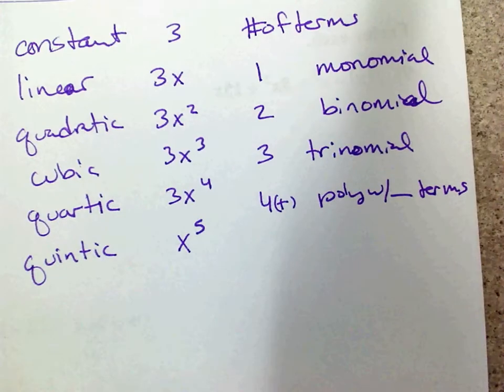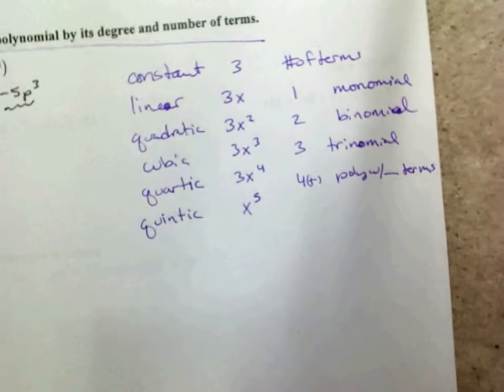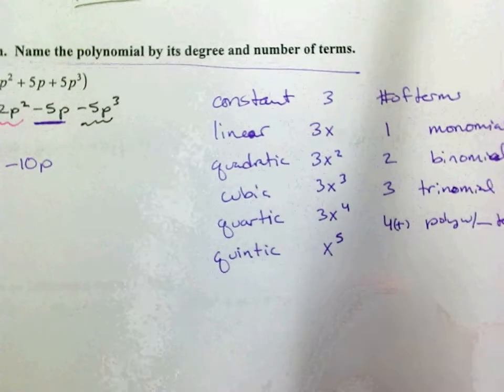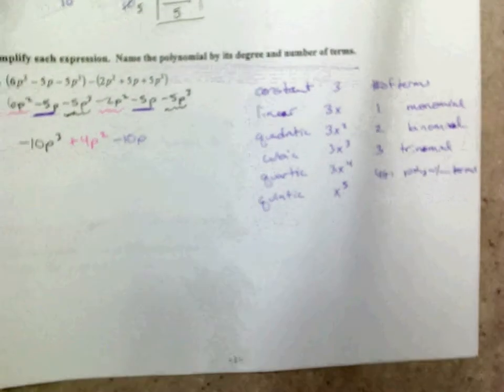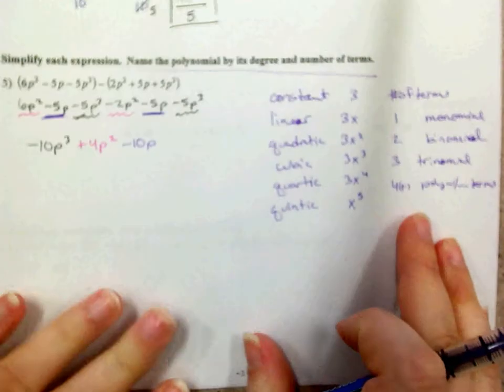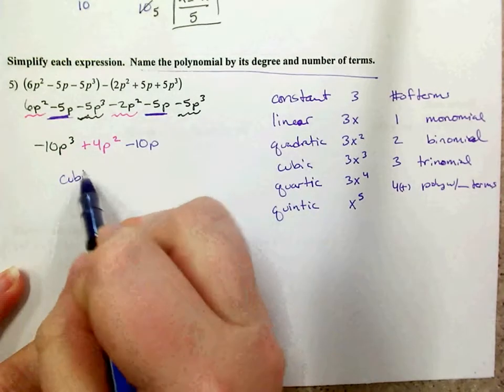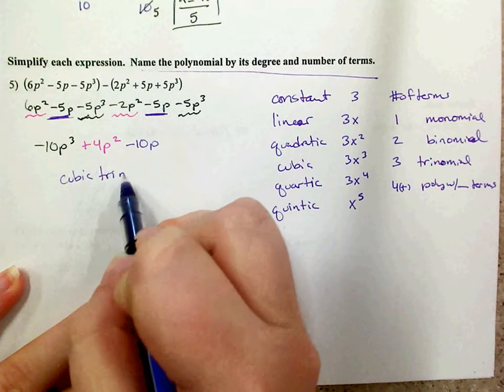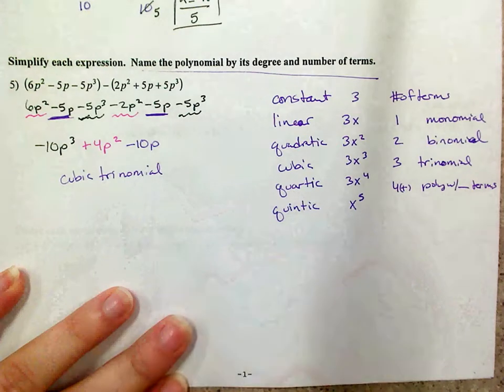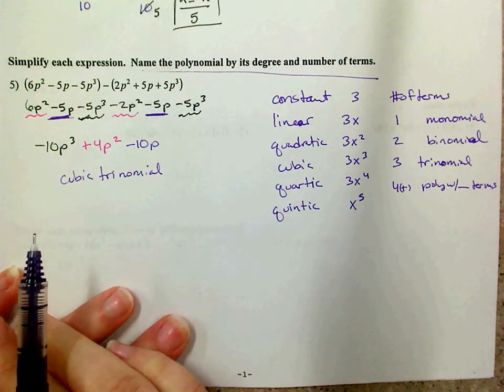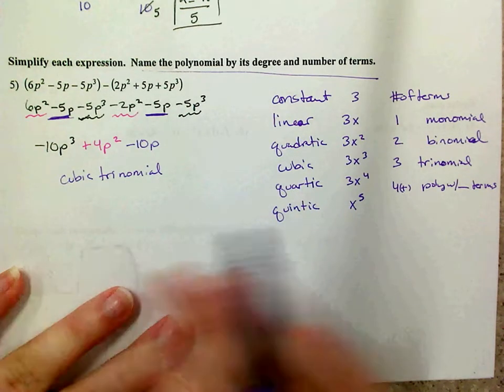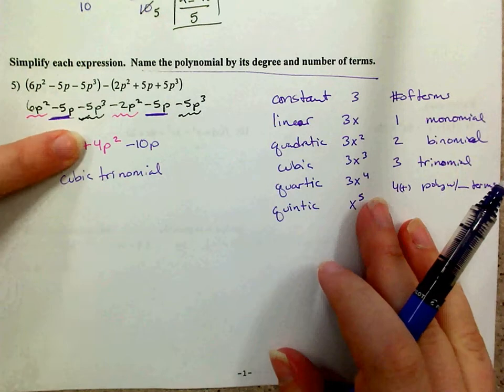Okay, so let's name the one that we're actually dealing with. Okay, so I'm hearing cubic trinomial, yeah? Because the highest power is 3, so it is a cubic function. And there's 3 terms, so cubic trinomial. Okay? What if I had said this? What if that wasn't part of the answer? What if it was just that?